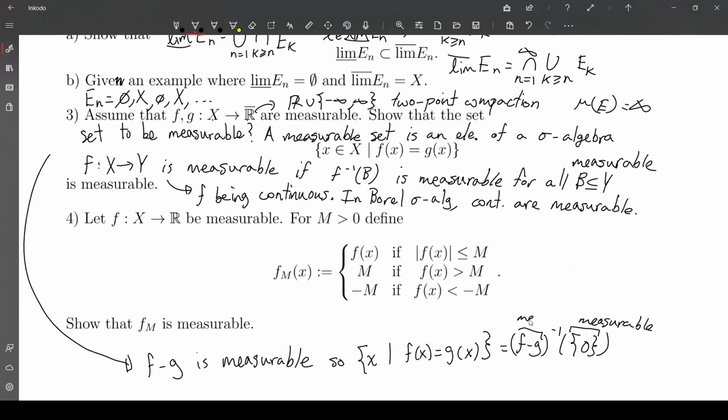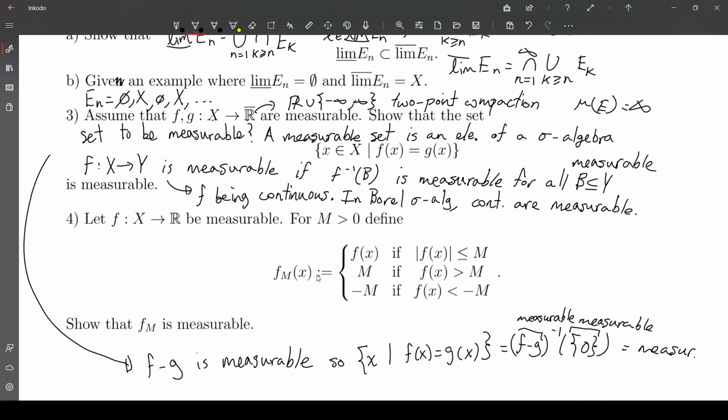So this is the inverse image of a measurable set under a measurable function, so this is measurable. Okay, so that's the analysis homework. And then there's 4, but I'm not going to talk about that.